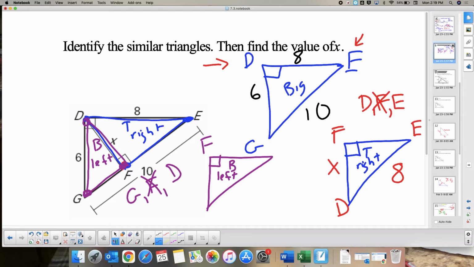Now we have G and D to pick from. When you look at your big triangle, D is at my right angle, so I do not want to pick D. That tells me I need to pick G. G is on the bottom right, so G is going to go on the bottom left. That tells me that D then goes off to the right there.